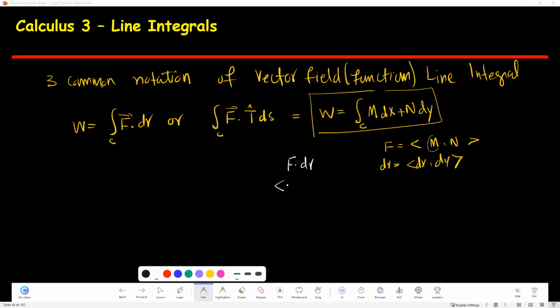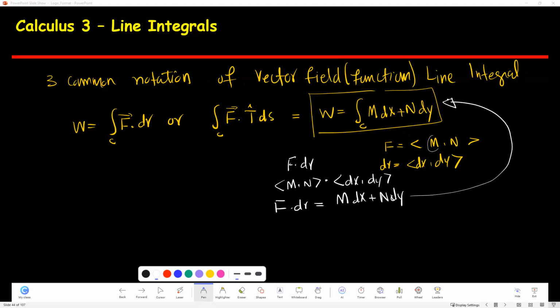So really you're going to be writing like this: m comma n dot dx comma dy. You're taking the dot product of the 2, so you can write f dot dr equals m dx plus n dy. And this is exactly what we did. This is how we come up with this.